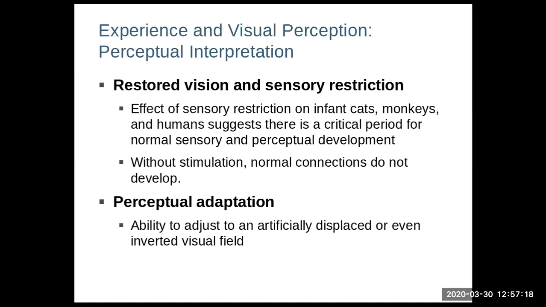So this tells us that there is a critical period of development in the first, we'll say, 6 months of life, and that without stimulation, these connections do not develop. So even though we can see at birth, we need to continue to see to make these neurons, the networks, and the connections better, and to allow us to be able to see. And if they don't develop normally, we're going to lose that.